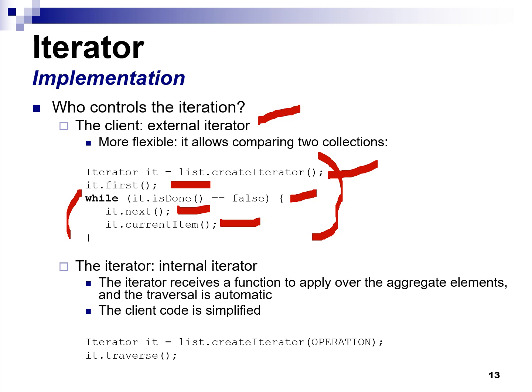But recall that in the streams and lambda lesson, we saw that we can iterate via streams, and these are called internal iterators. Basically, the iterator receives a function to apply, and then it automatically traverses all the elements applying the function. This is similar to a stream over which you apply a map. That is called internal iteration.